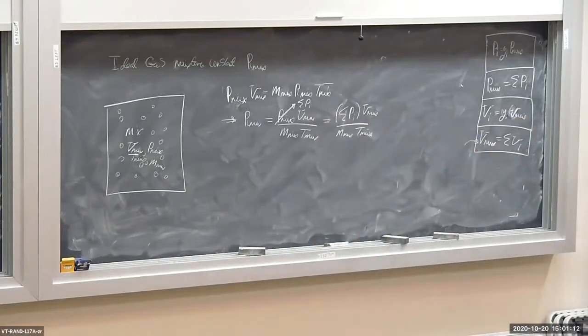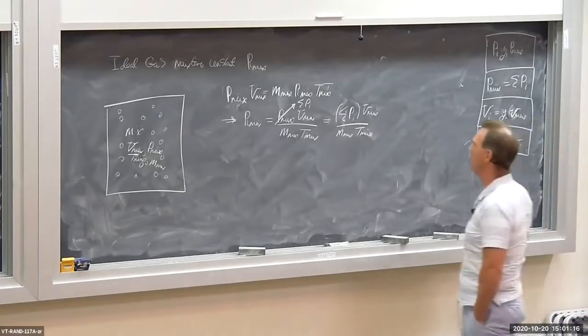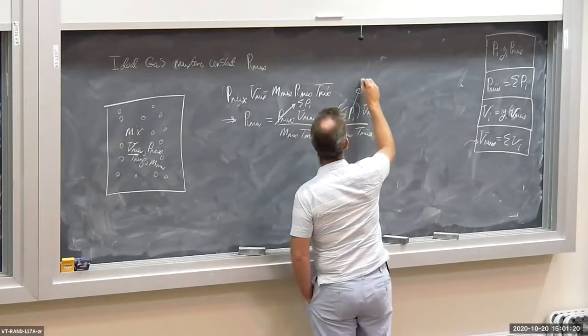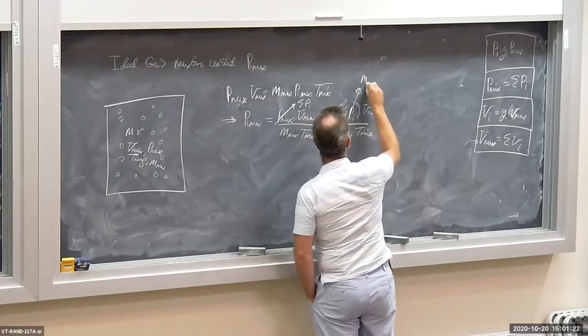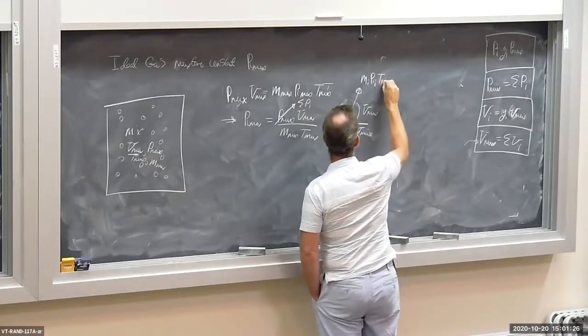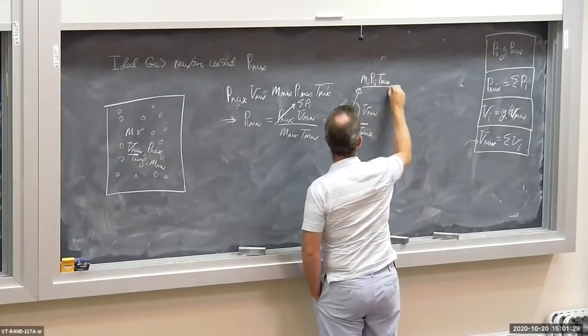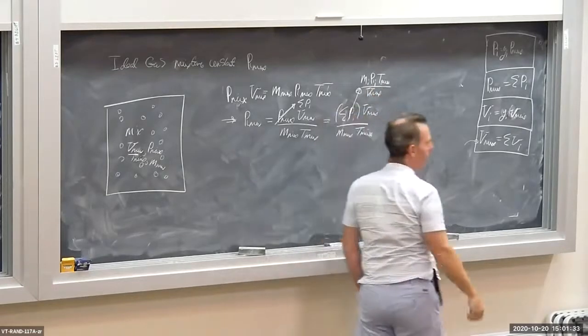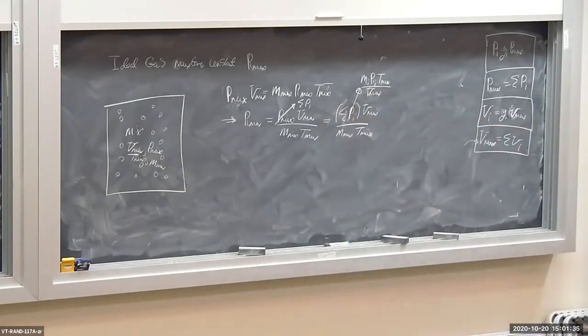Now remember, according to the ideal gas mixture, each component obeys the ideal gas law. So the partial pressure P sub i is equal to M sub i R sub i T mix divided by V mix.